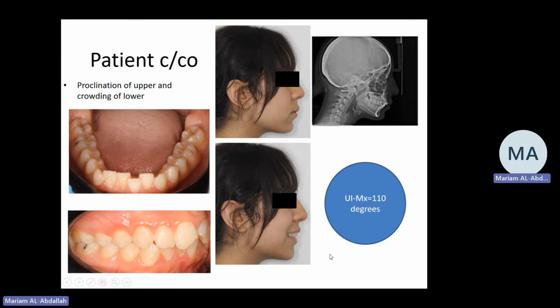So it's important to tell the patient that we are not aiming to retrocline the upper incisors. We're simply going to procline the lower incisors and maintain the normal overjet and maintain everything else. Because it's not realistic to retrocline upper incisors that are of normal inclination. They are almost 110. And for the Jordanian population, the normal, I think, is 111 or so. So we are within the average limit.